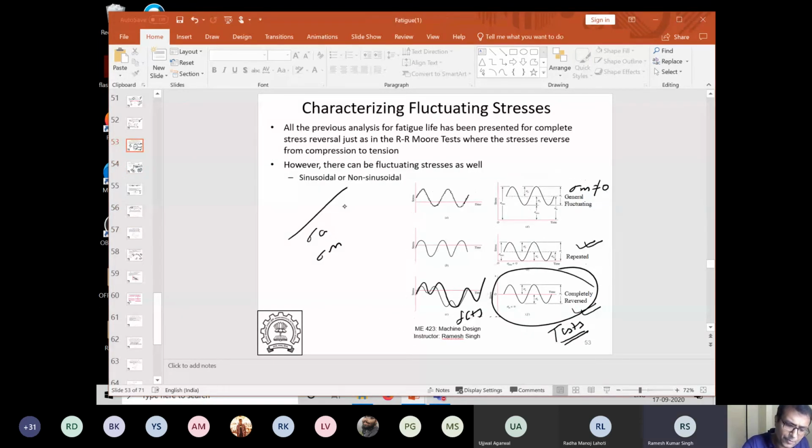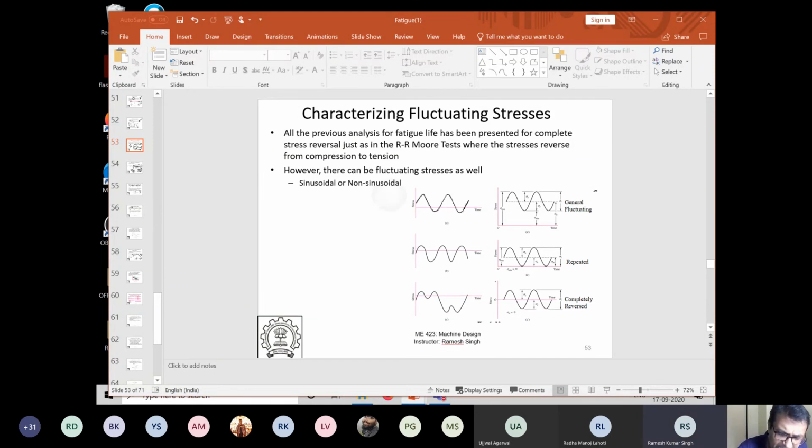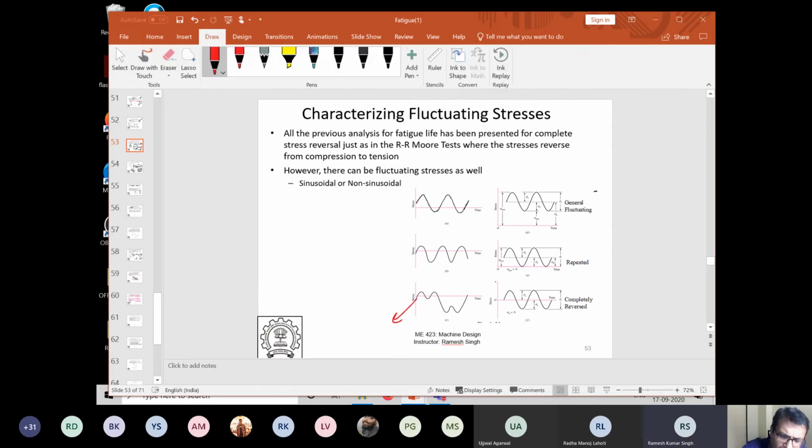So what I'm saying is, for any condition, how do I quantify these kinds of random signals? Because for this also, there will be a sigma min and a sigma max. So sigma min will be probably here, and probably sigma max is this or this. So let's say this is sigma max.